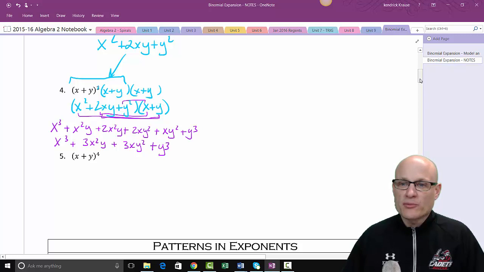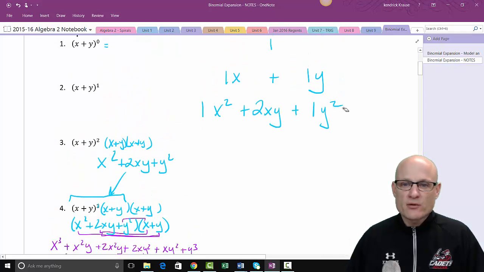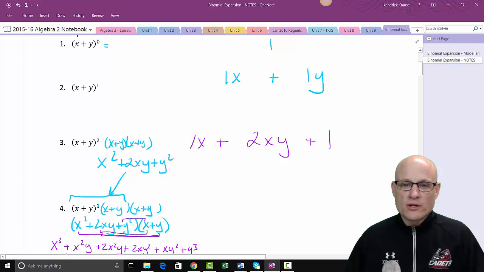So let's go back up here. I don't like where I put this one. So this one became 1x squared plus 2xy plus 1y squared.